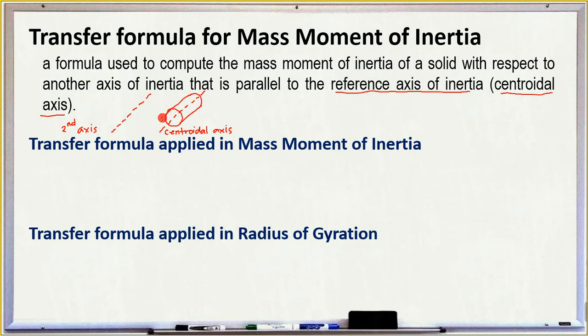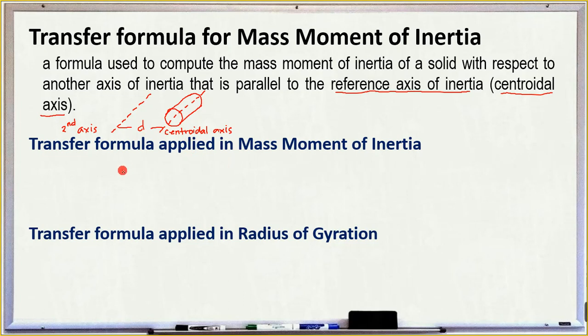According to the rule set by this theorem, the theorem behind this formula is known as the parallel axis theorem. According to the theorem, the two axes, the central axis, or also known as the reference axis, and the given axis should be parallel to each other. Okay? They need to be parallel. And of course, they are separated by a distance d.